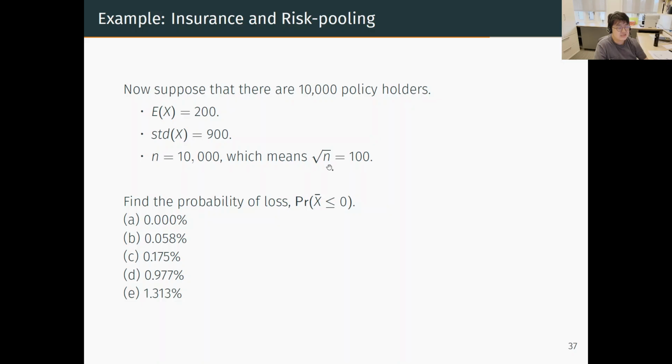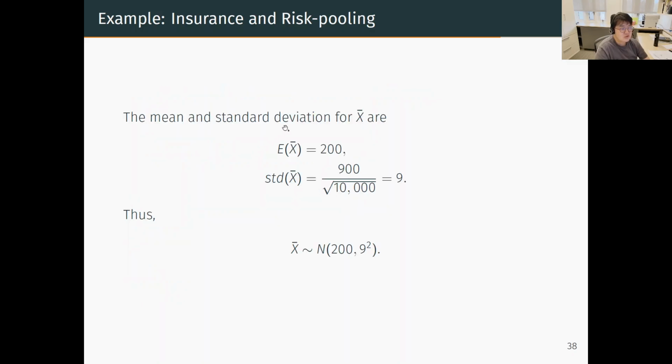I chose 10,000 because its square root is simply 100. And this is your practice, so try the algebra by yourself. It requires multiple steps. The idea is we are going to calculate this probability, and we know x bar is the random variable here, which is approximately normal with mean and variance based on this information. So first, you calculate the mean and standard deviation.